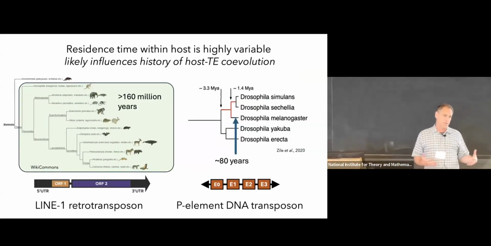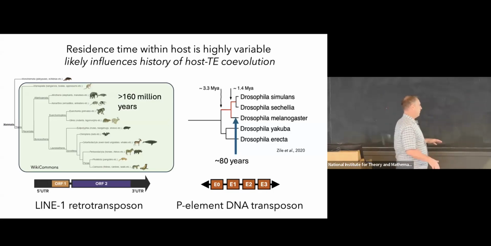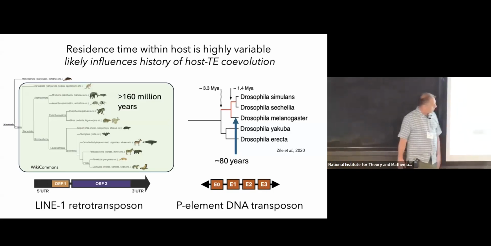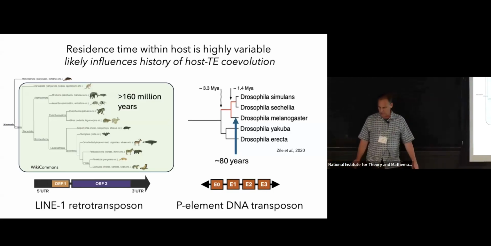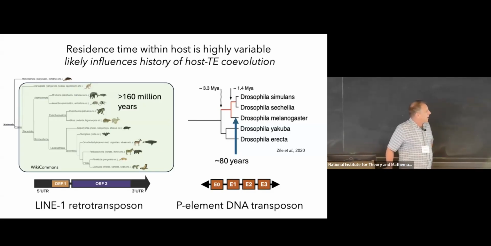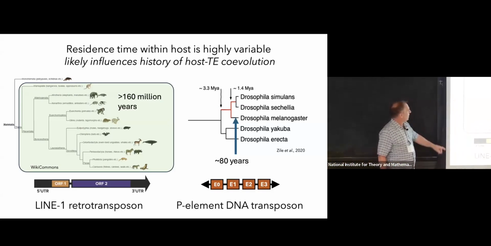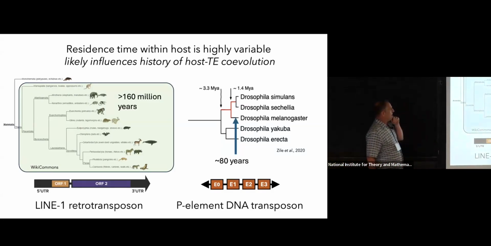It's interesting to think about why there's variation in that. Different transposon families can vary in the degree to which they are embedded within the genome. The LINE-1 element is the most famous transposon in humans. It's been resident in mammals for more than 160 million years, so all mammals outside of the monotremes have these.